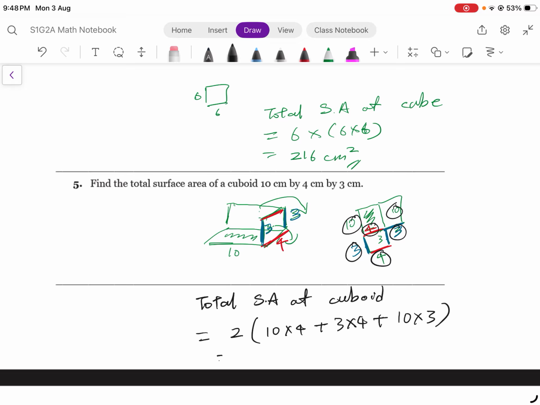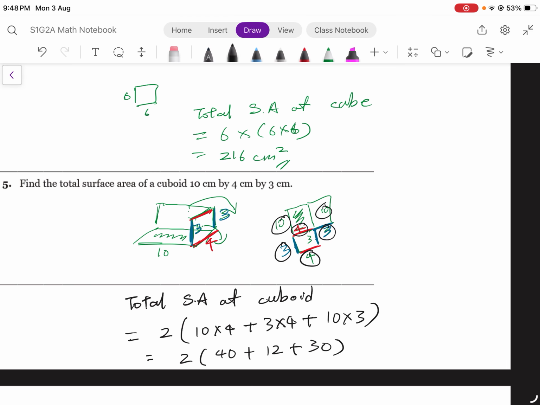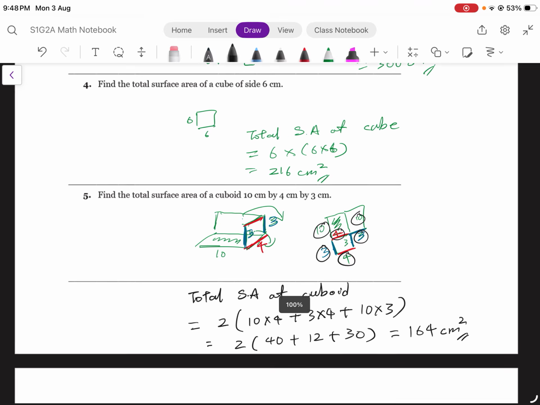Okay, so we have 2, 40 plus 12 plus 30. So add together, you will have 82. 82 times 2 will equal 164 cm square, because this is surface area.